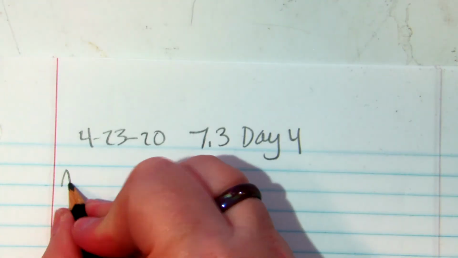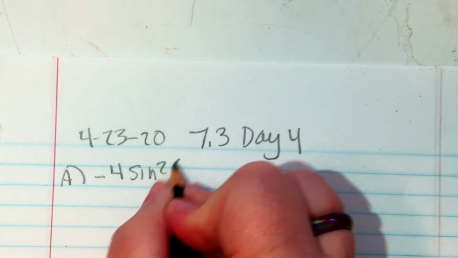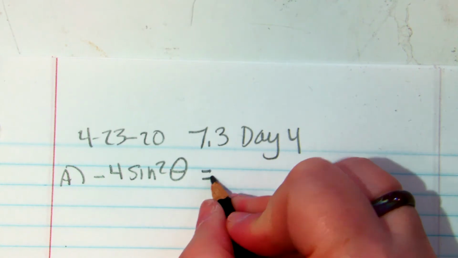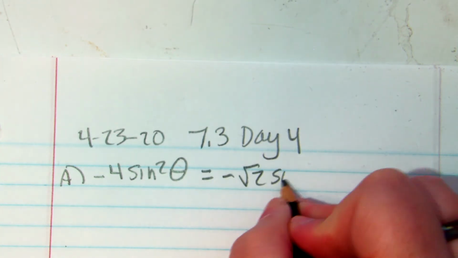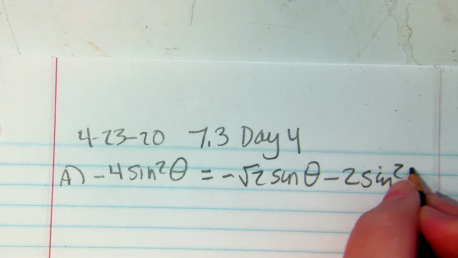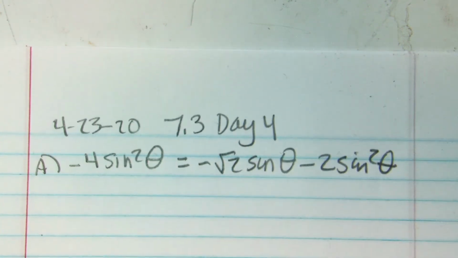We're going to solve some more equations using Pythagorean identities. The first one is negative 4 sine squared theta equals negative rad 2 sine theta minus 2 sine squared theta. They're all sine, right? So we don't have to make any substitutions with the Pythagorean identity, sine squared plus cosine squared equals 1.